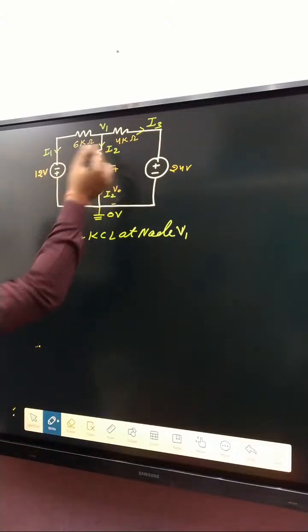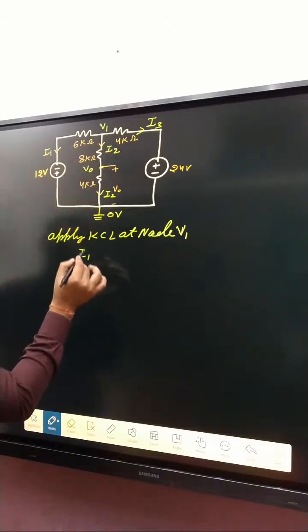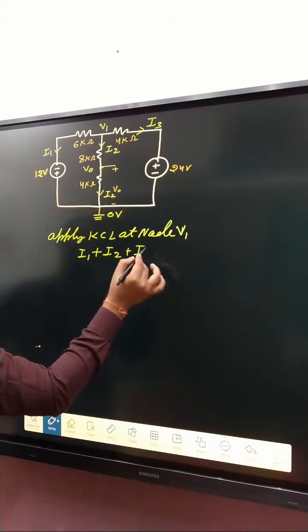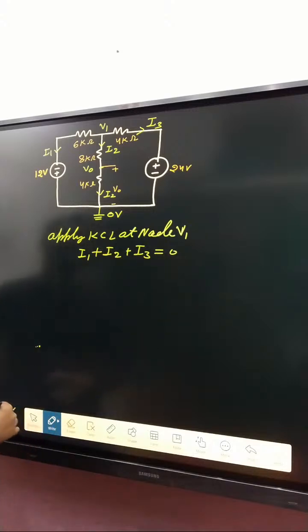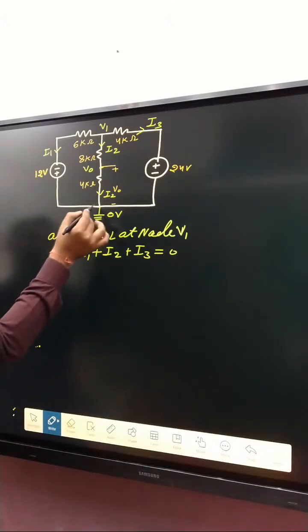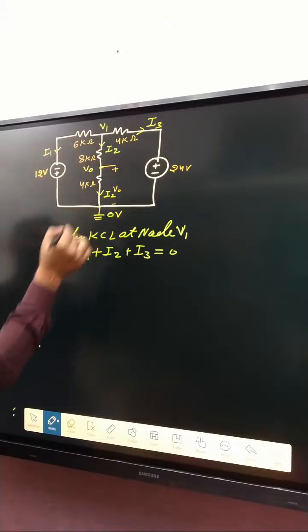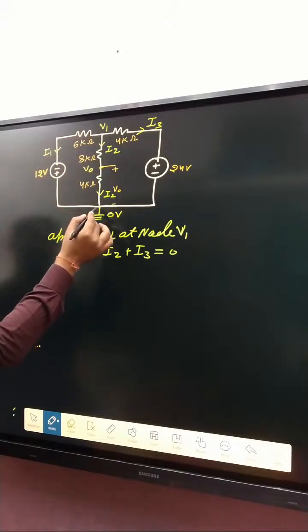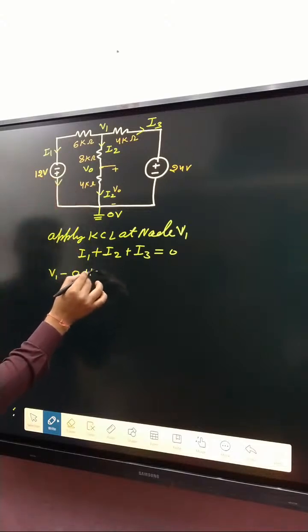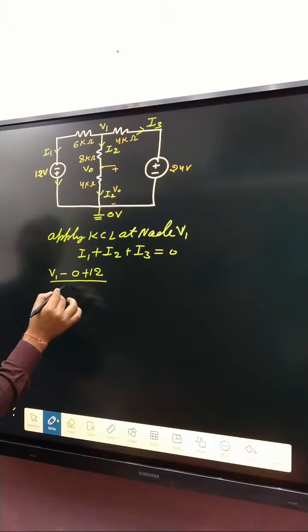Apply KCL. No incoming current, all currents are outgoing. I1 plus I2 plus I3, the sum of outgoing currents, is equal to 0. I1 is V1 minus 0, initial voltage V1, final voltage 0. Current leaves from the positive terminal, so plus 12, divided by 6 kilo ohm.